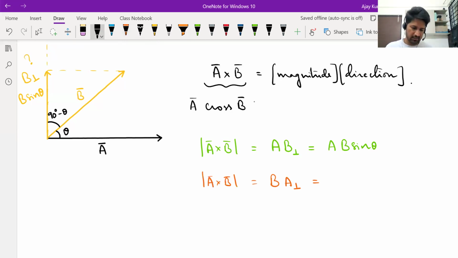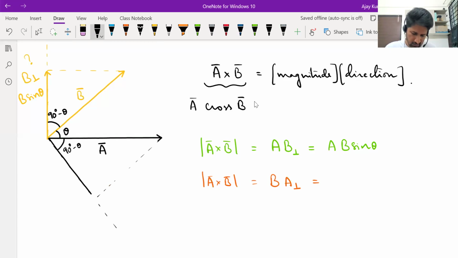let's first draw the direction perpendicular to B, this one. With this direction, A will now be making 90 minus theta. And A's component in this direction, if you visualize, drop a projection from the head and the tail.